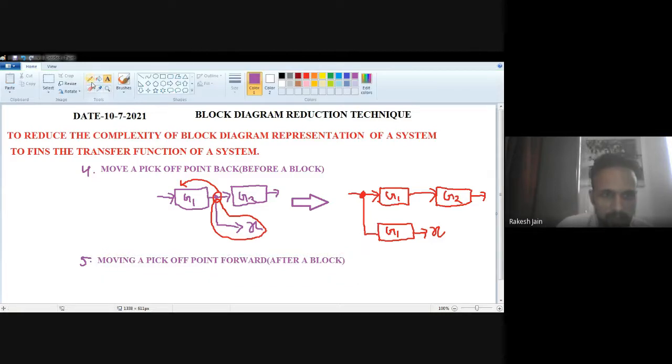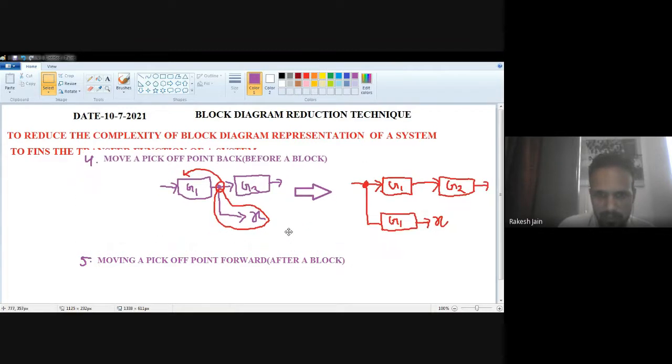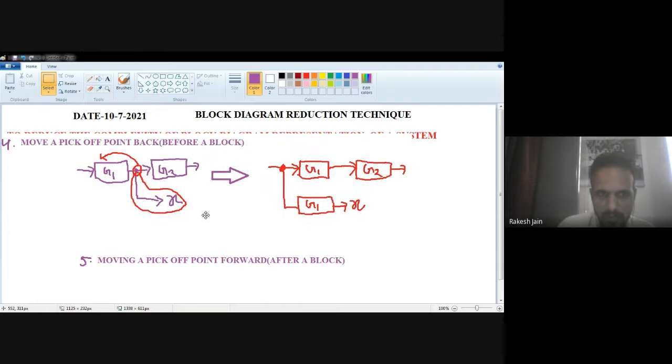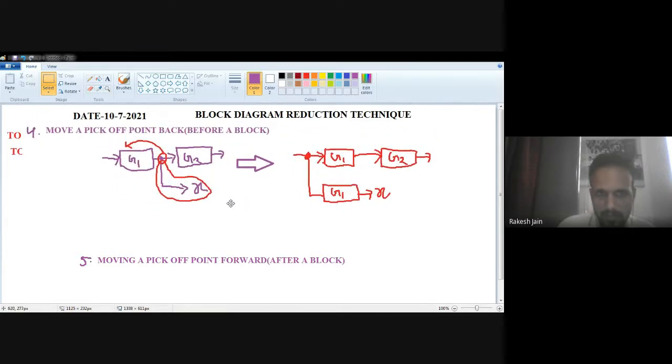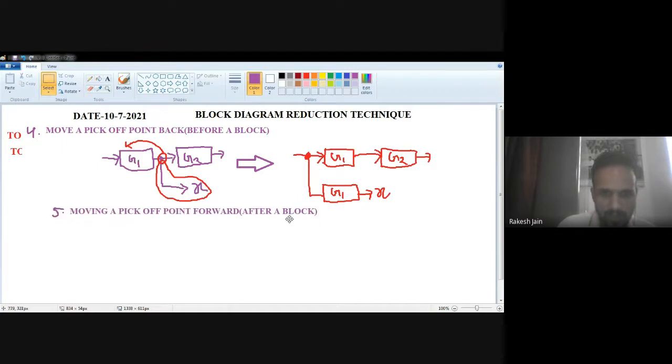What I want to say, let's suppose the same kind of question. Let's suppose you have two blocks G1 and G2. I just decrease the size a little bit to create some space, but they are all saved in the recording, so you will see easily.